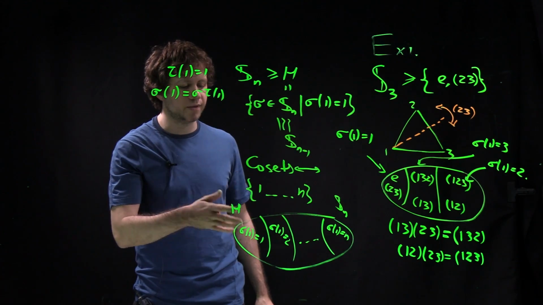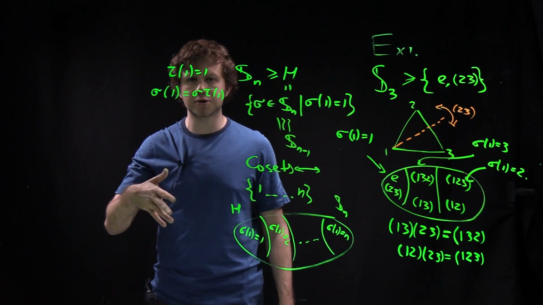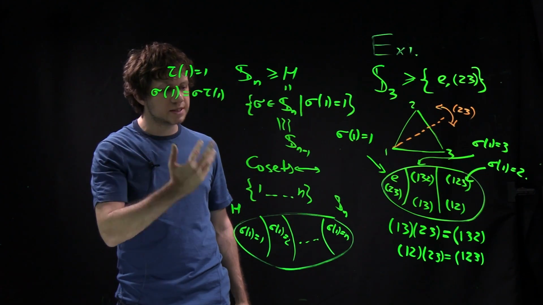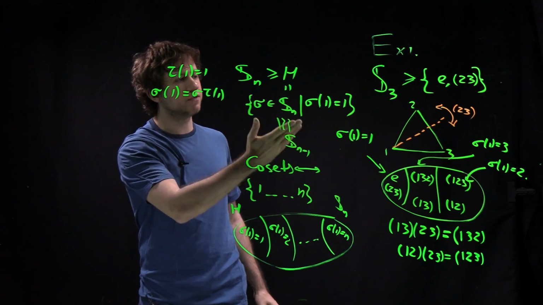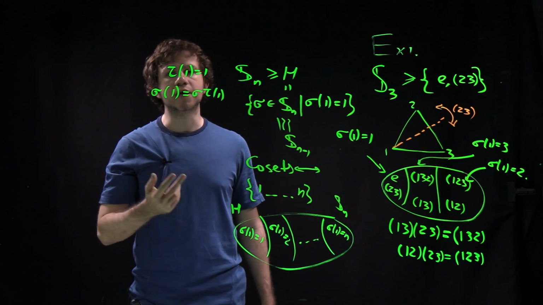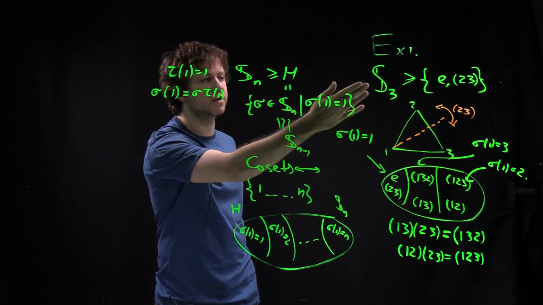We will, or maybe a little bit later, discuss what's called actions of groups on sets, and you will see how, if S3, for instance, is a group of symmetries of a triangle, you can basically reconstruct a triangle inside S3.